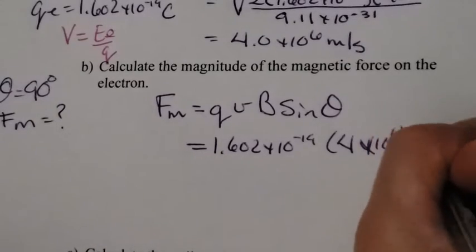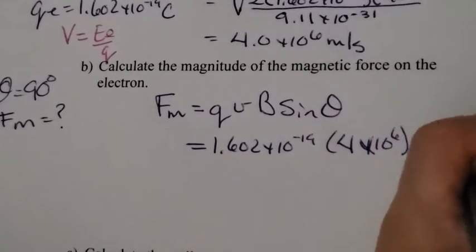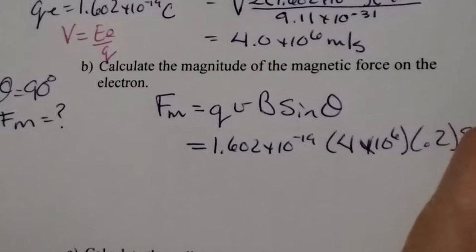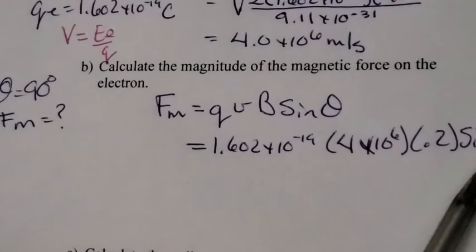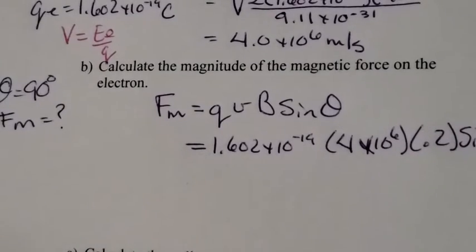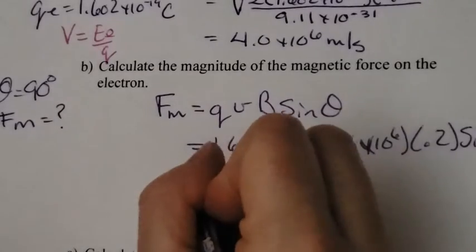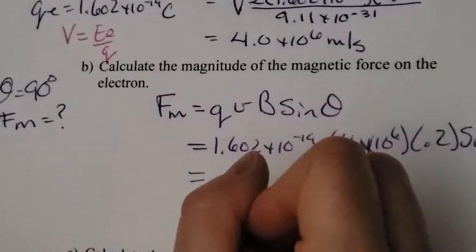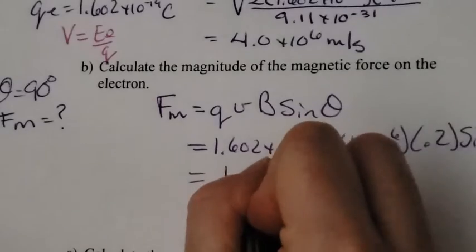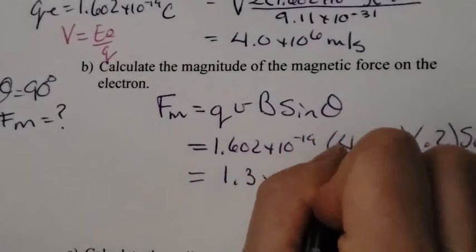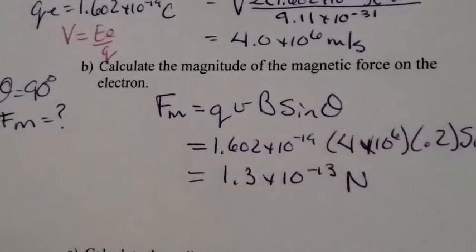B is our magnetic field, which is 0.2, and sine 90 degrees. And the cool thing about sine 90 degrees is it's equal to 1. So we put all that into our calculator, and we end up with 1.3 times 10 to the negative 13, and force is always measured in newtons.